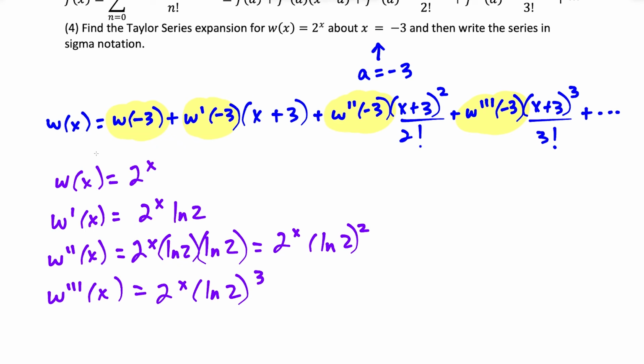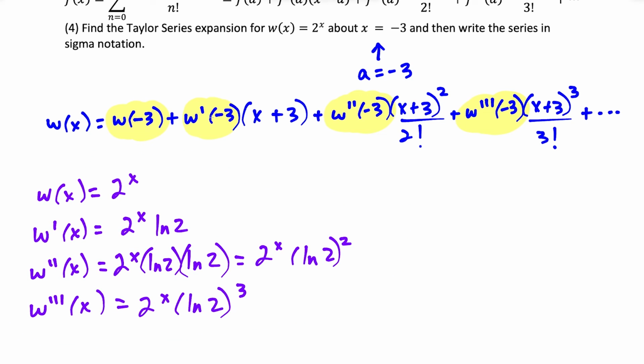So now we're ready to find these four terms, but let's go ahead and give ourselves a little bit of space here. When we plug in, we have w of negative 3, which is equal to 2 to the negative third, and that simplifies to 1 over 8. And then for w prime, we have w prime at negative 3 is equal to natural log 2 times 2 to the negative third, and that's going to give us natural log 2 over 8.